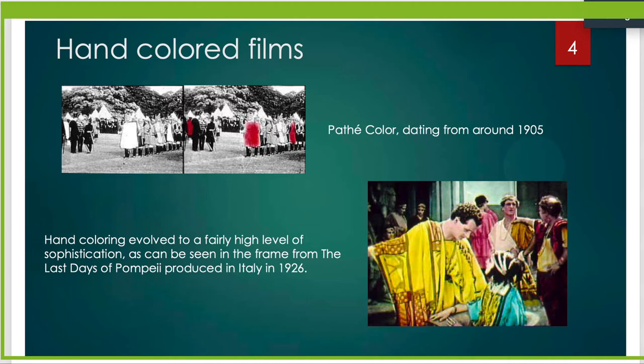And initially, artists would have gone in much like they would have with the early invention of photography, and they would have literally hand colored each individual frame. And typically, there are 30 frames per second in most films. So it was fairly time consuming, as you can imagine, but it was also incredibly sophisticated.